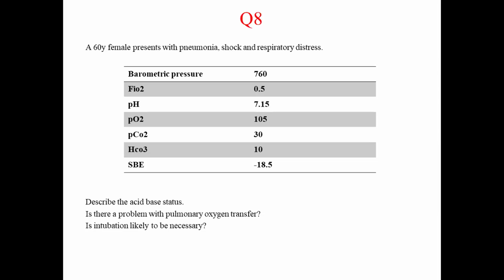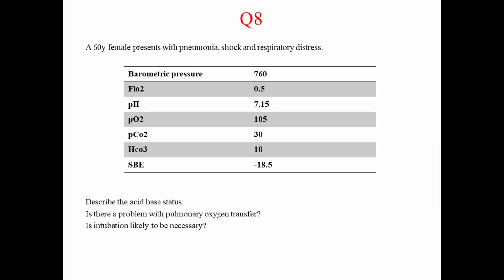With compensation, metabolic acidosis with respiratory acidosis. Absolutely fine. So they've asked, is there a problem with pulmonary oxygen transfer for which you need to calculate the A gradient? He's going into respiratory acidosis. So the A gradient is 213. Is everyone fine with Bhavesh's answer of 213?